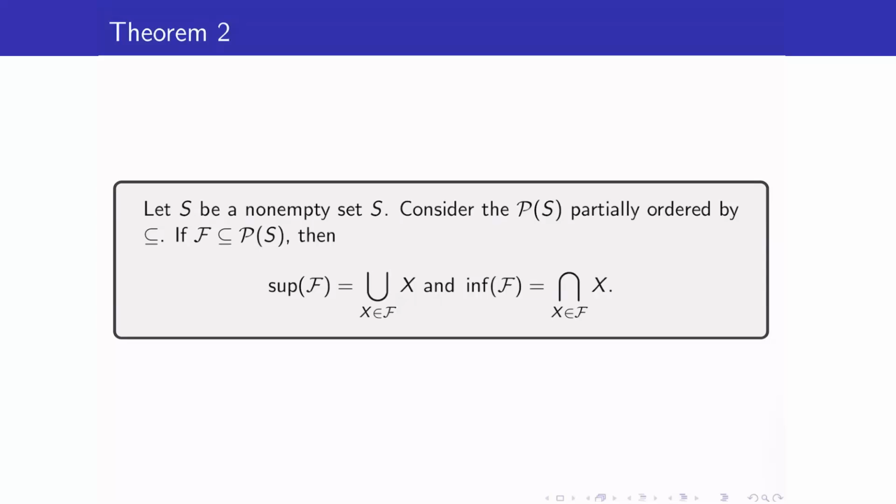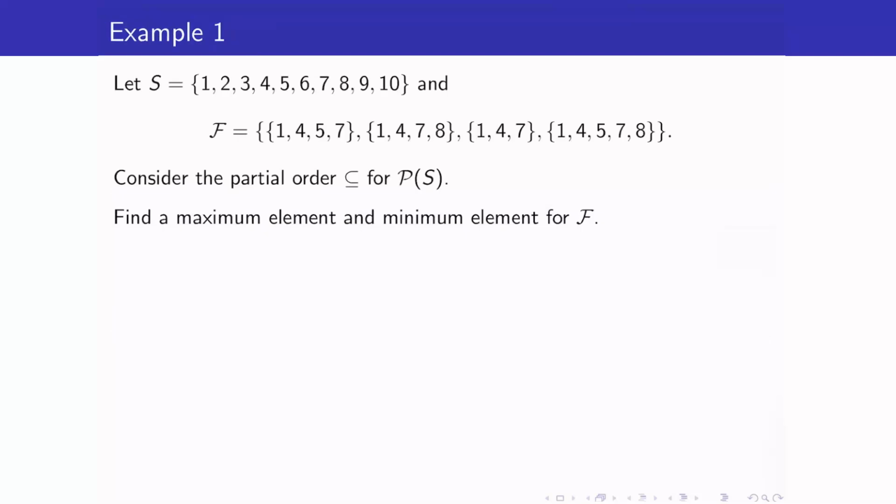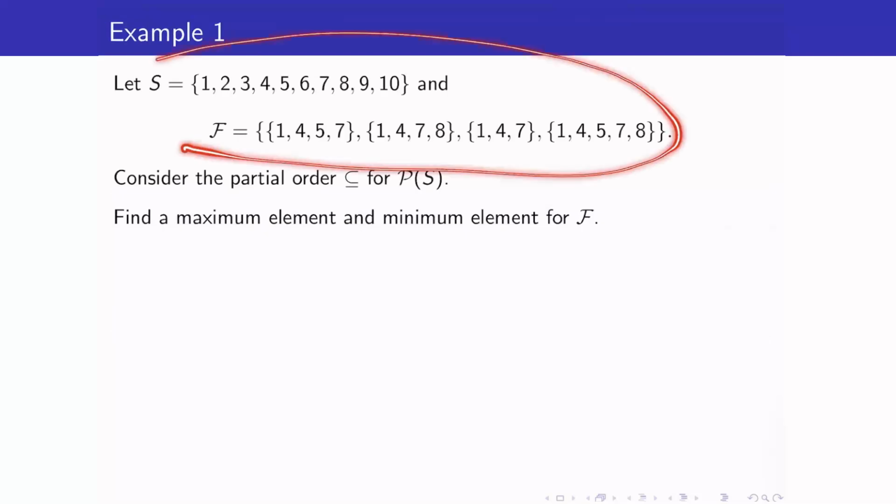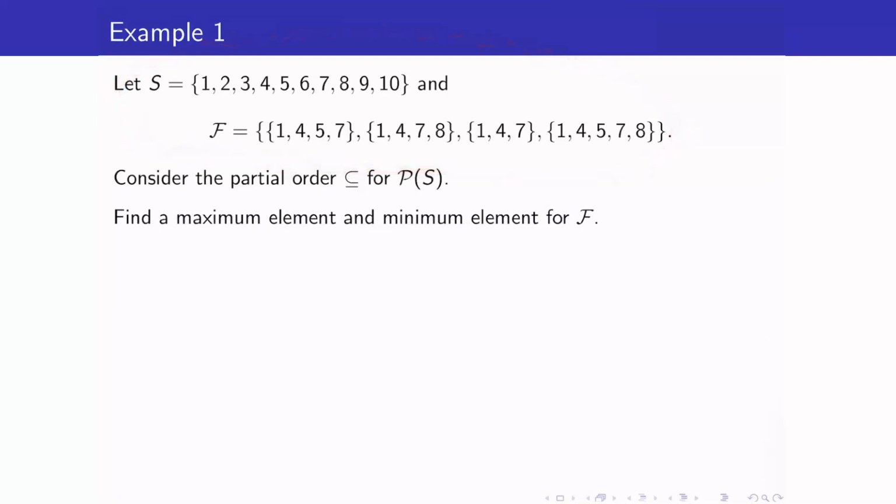We usually consider the partial ordering subset relation, correct? We have a non-empty set, and then we're always getting the set of all subsets of the set S, just like what we had in example 1, this one, right? So we want to find a general way of getting the infimum and supremum of such kinds of examples.